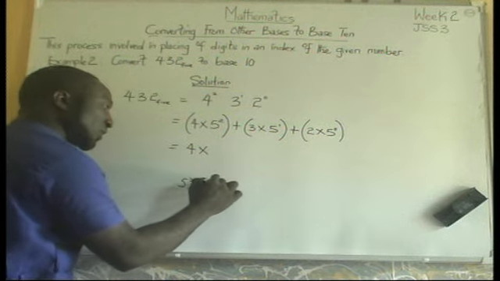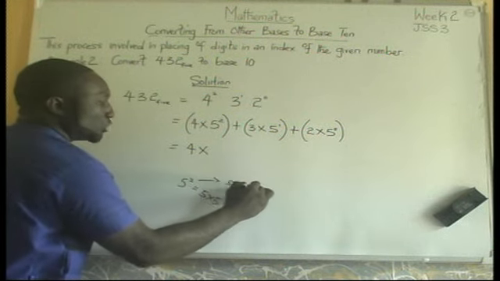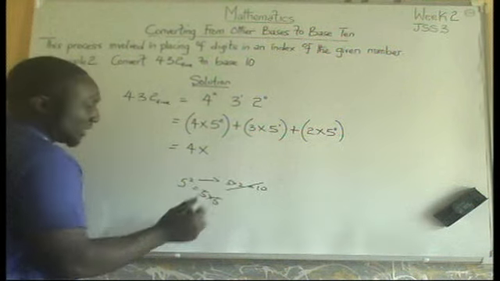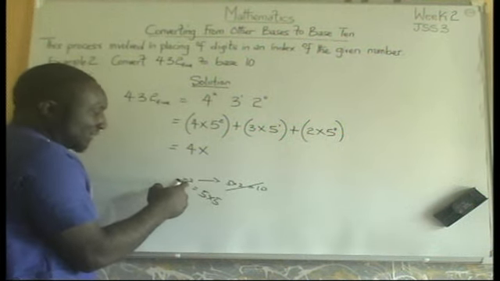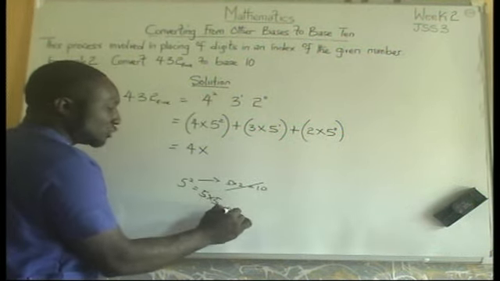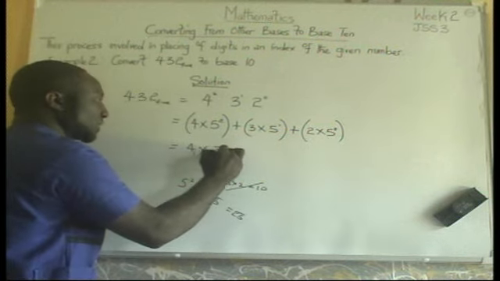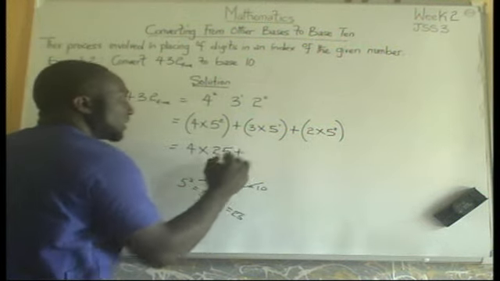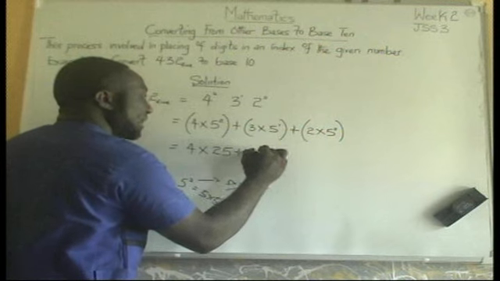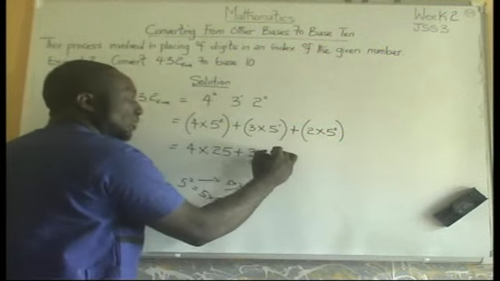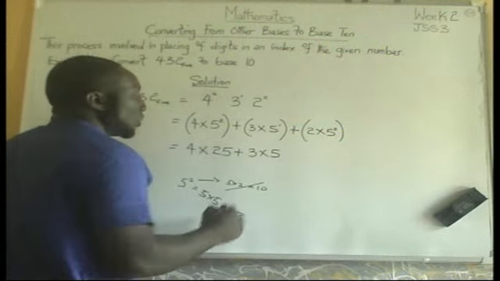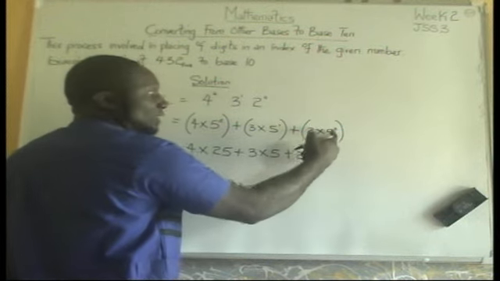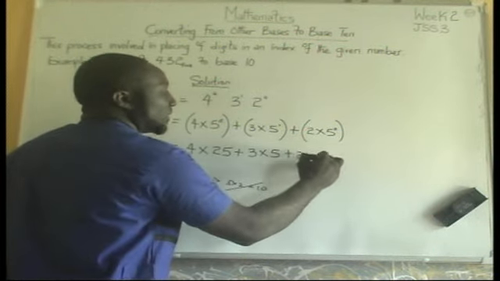Please, students, it is not 5 times 2, it is not 10. That's not correct. So 5 raised to power 2 is 5 times 5, which is 25. Plus 3 times anything having power 1 is that same number. Plus 2, anything raised to the power of 0 is 1.